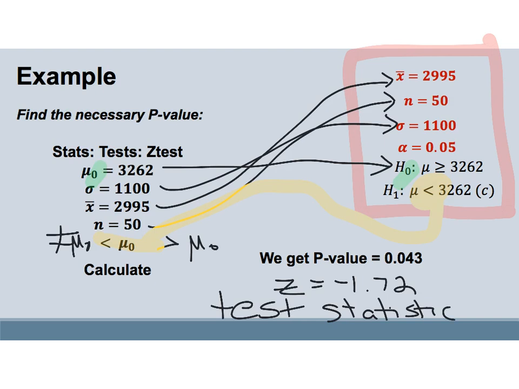Then right underneath that, you see P equals 0.043. Well, that's this P value that we've been talking about. So we did all that calculator stuff just to get this answer.